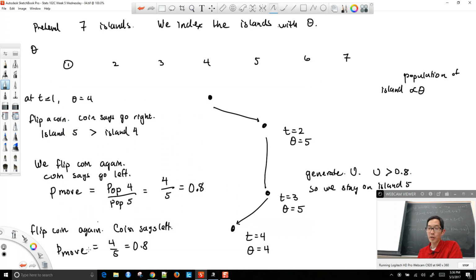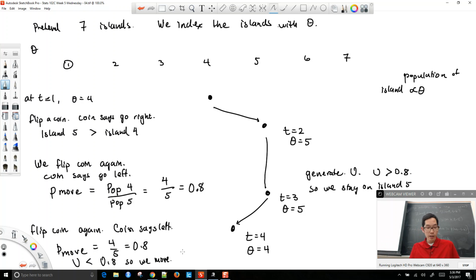Again, we would generate u, and this time u is less than 0.8, so we move. Is that okay? All right, and so this is just one possible sequence of events if we started off at 4 and just ran through the algorithm.